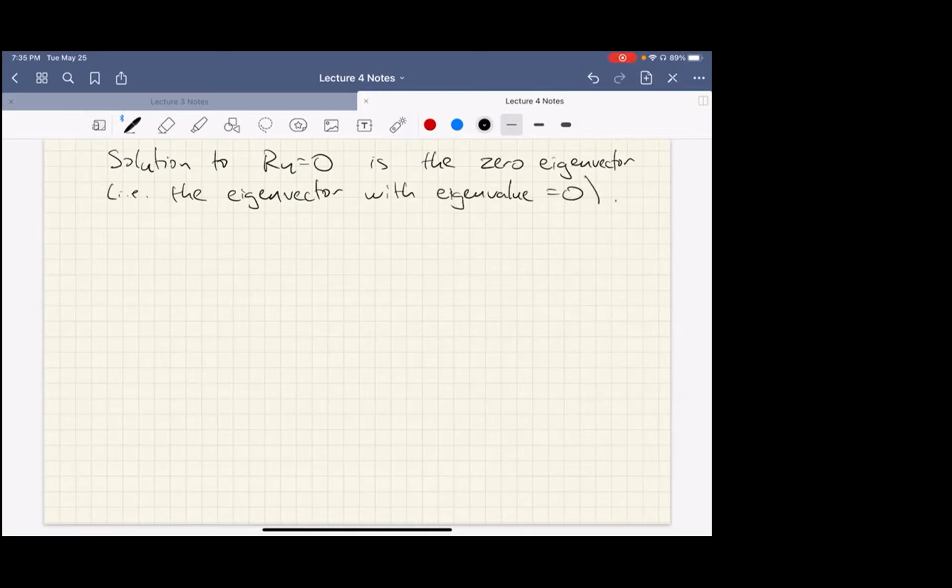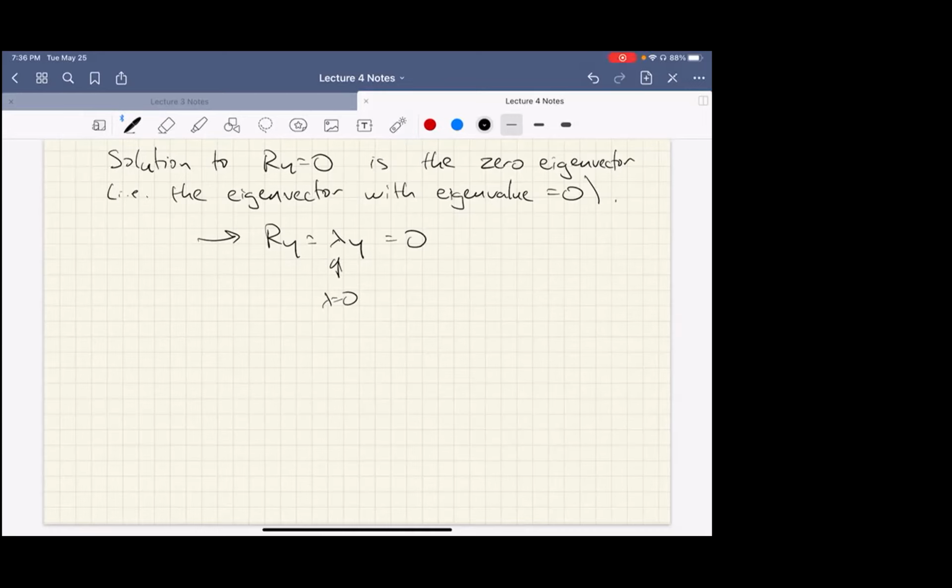And that's easily seen. So we're basically looking for Ry is equal to lambda y, but where lambda equals 0. So that's basically equal to the 0 vector. So that's a neat observation. The steady state solution is given by the zero eigenvector.